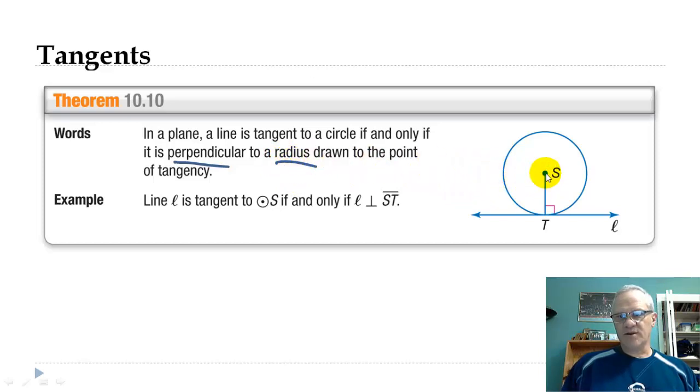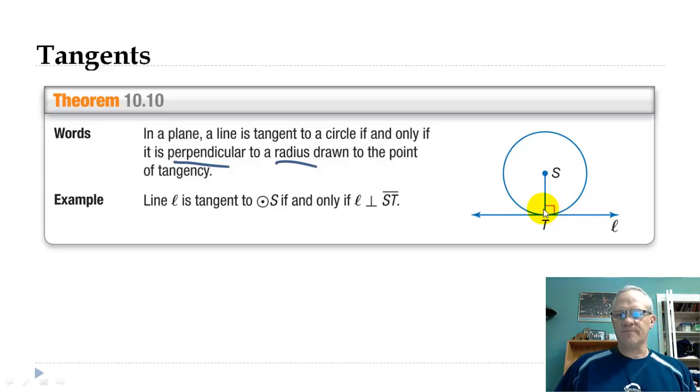So it has to be perpendicular, which means 90 degrees. If the angle between the line and the radius at the point of tangency is not 90 degrees, it will not be tangent.